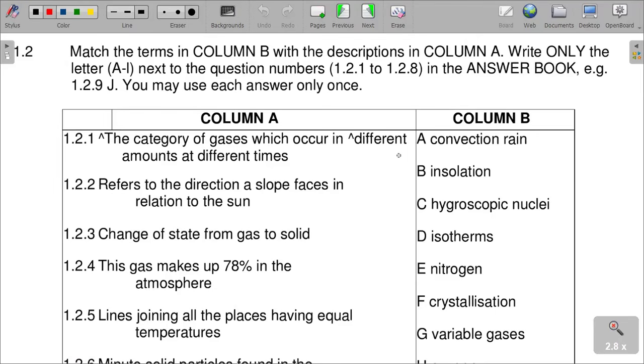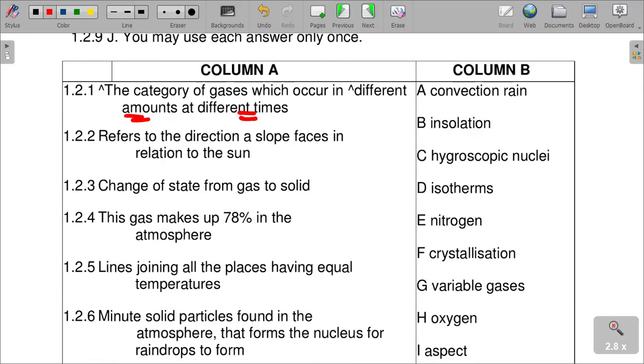What do we call that category of gases? It is called variable gases, which is G.